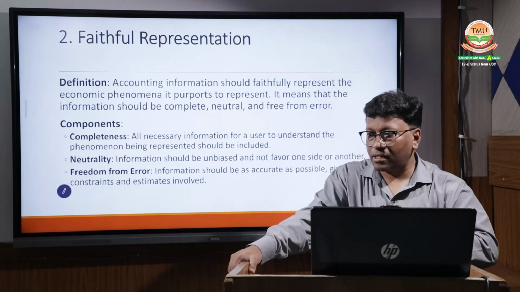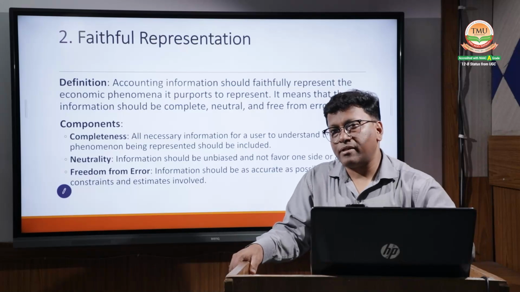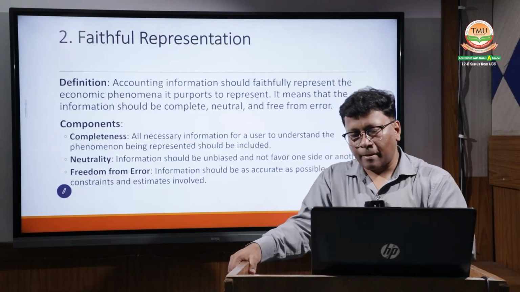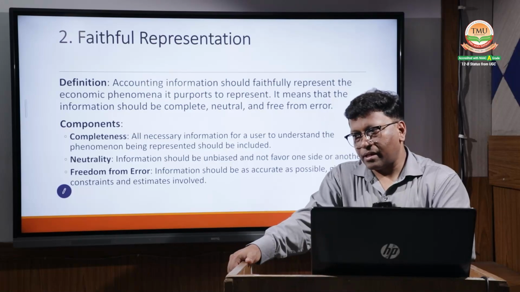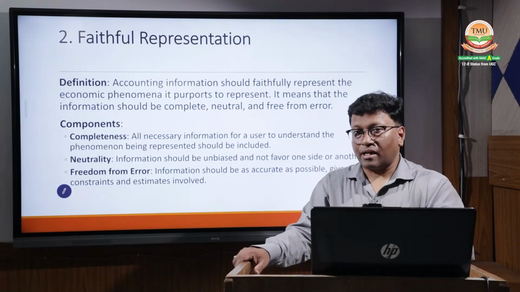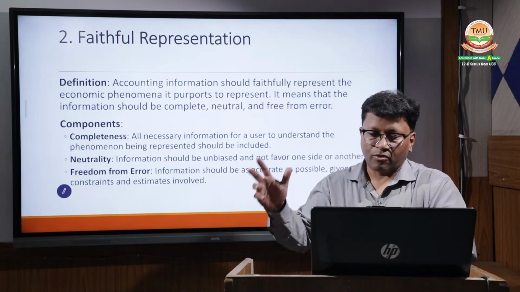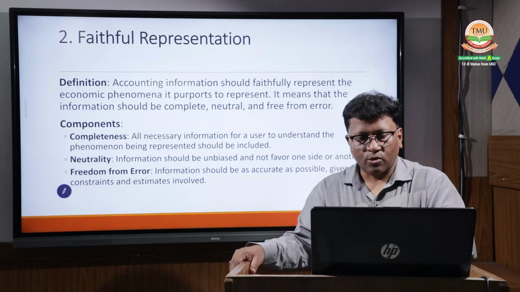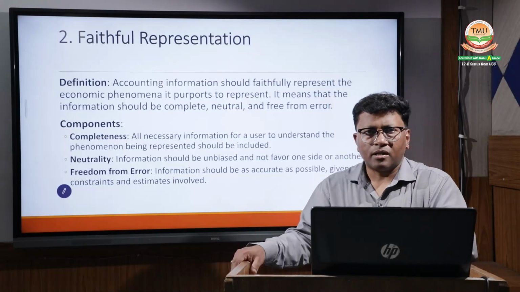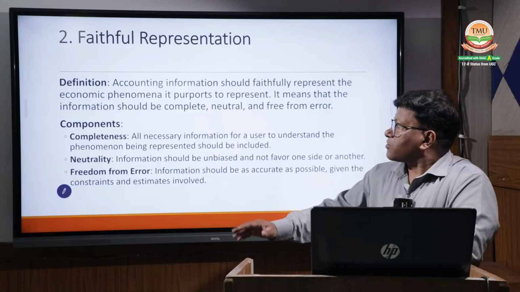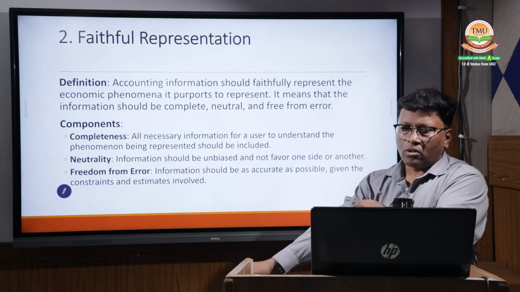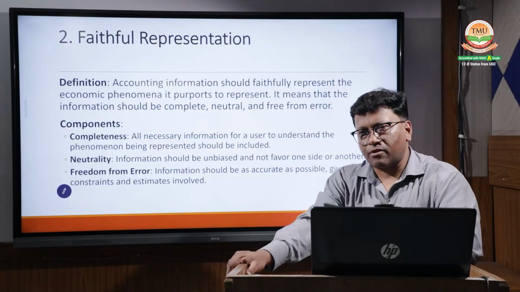And there is a particular principle of accounting that everything should be disclosed, right? So every information should be disclosed in the books of accounting. So there is again a conflict between the principles of materiality and full disclosure. We will be talking later about these two terms, but right now on this platform I would like you to focus on the faithful representation of accounting.